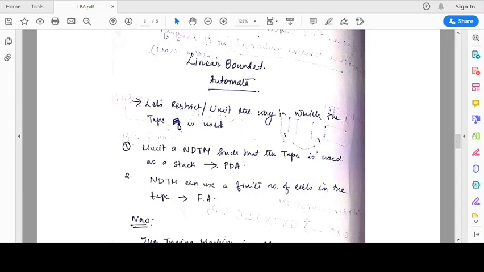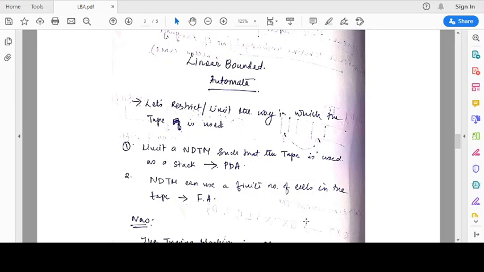That is, the read write head will point to the top of the stack, and we can modify the elements from that top of the stack. This will result in the realization of a non-deterministic Turing machine into a PDA, or an NPDA, a non-deterministic push-down automata.